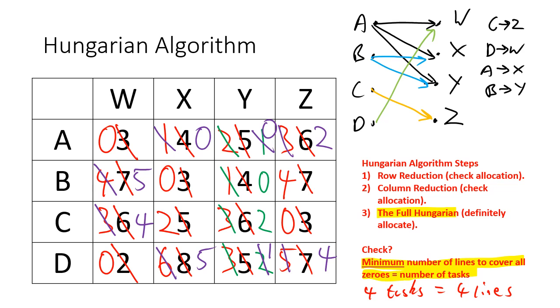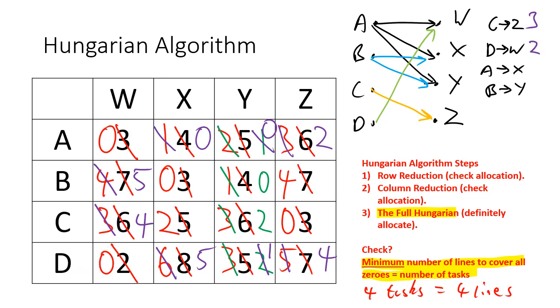Now, looking at the black numbers under all our scribble, we can see that C to Z is 3. All right. If we go D to W, we can see we had a 2 there.